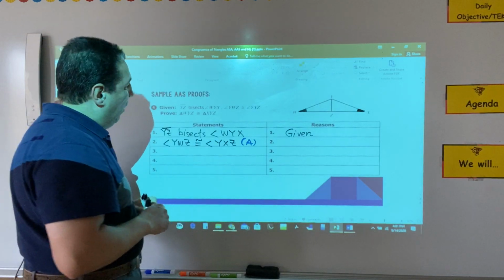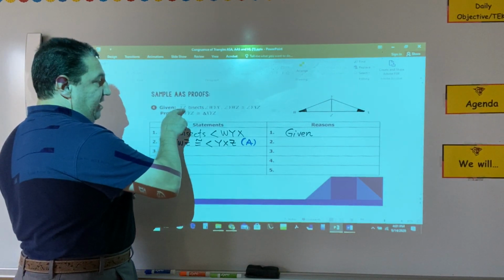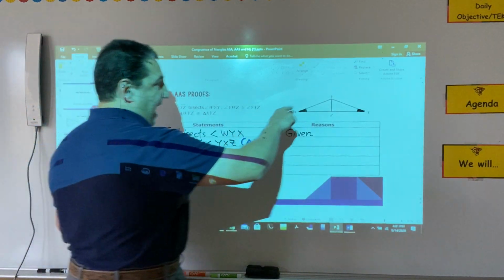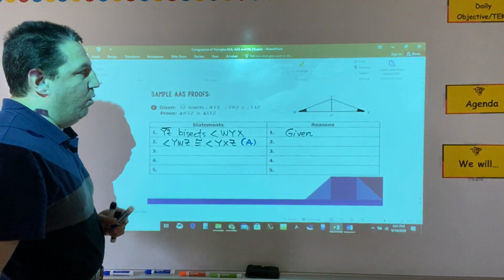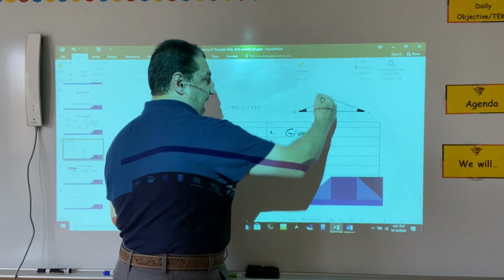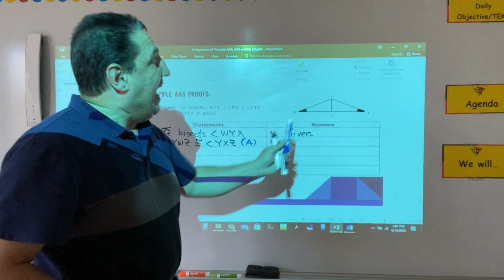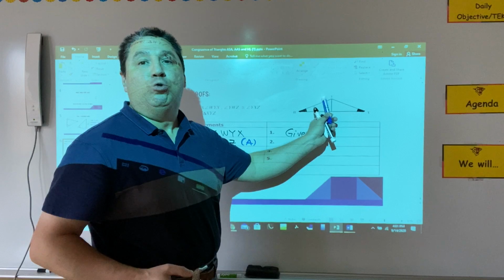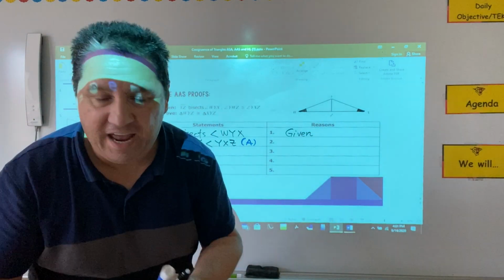So, what we know, segment YZ bisects angle WYX. Because YZ bisects this angle, right? It cuts the angle into two congruent angles.